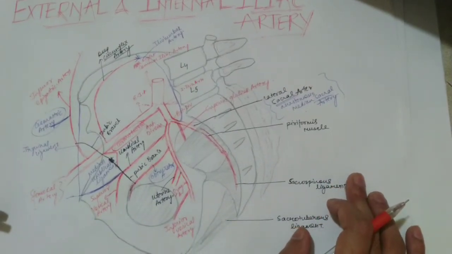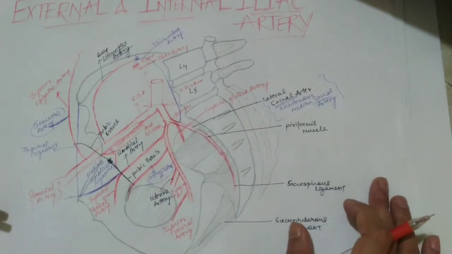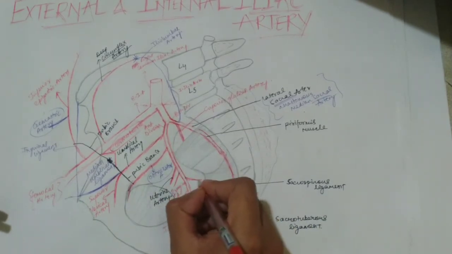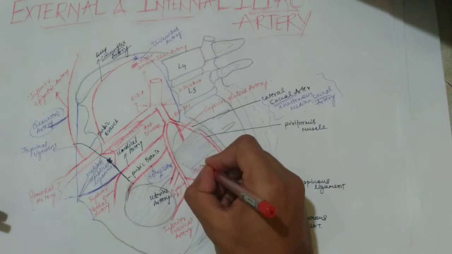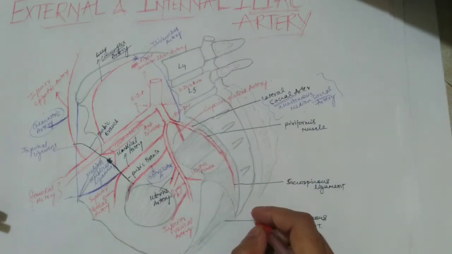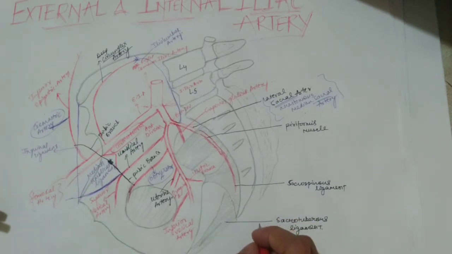It arises directly from the internal iliac, or sometimes from the umbilical artery. Sometimes a branch also arises for the ureter from the internal iliac artery. This is the ureteric branch.